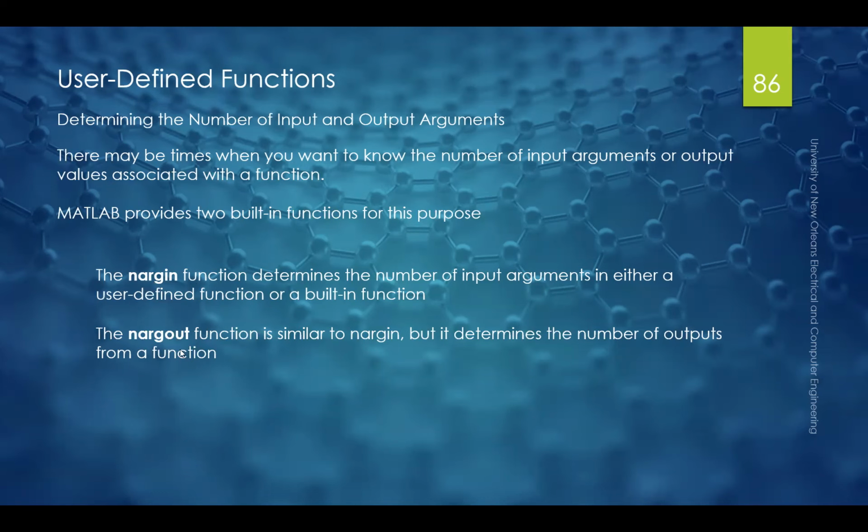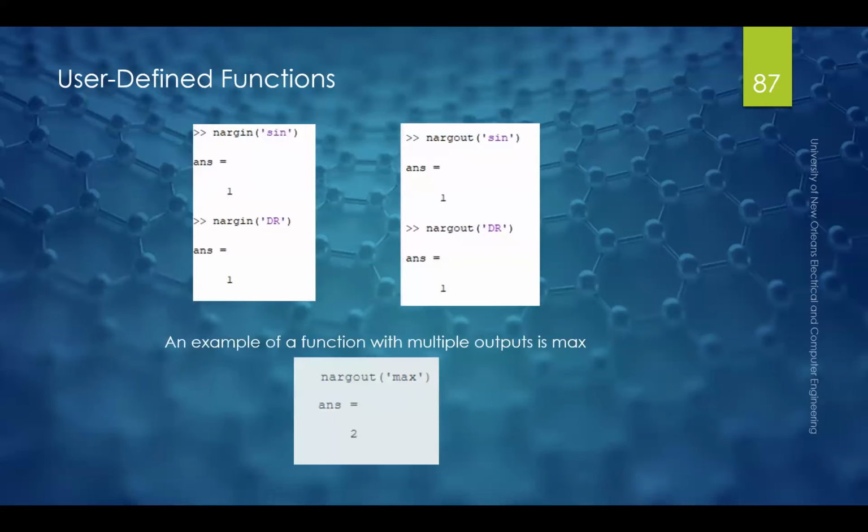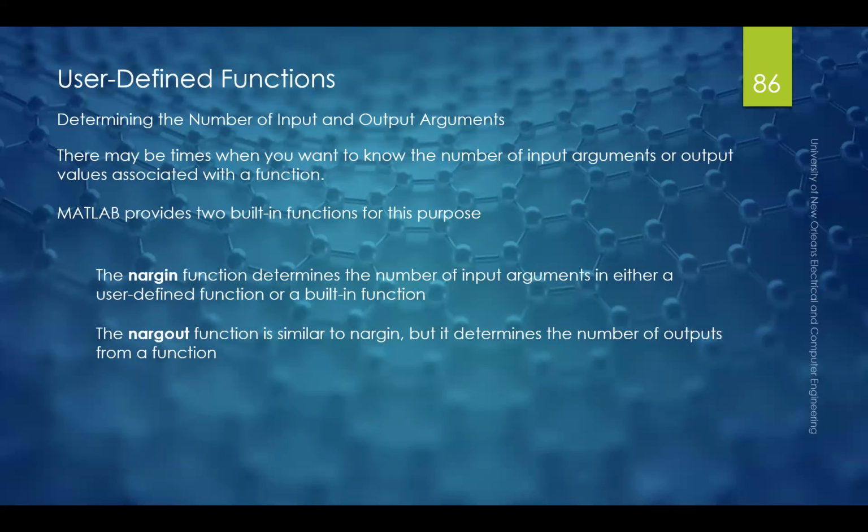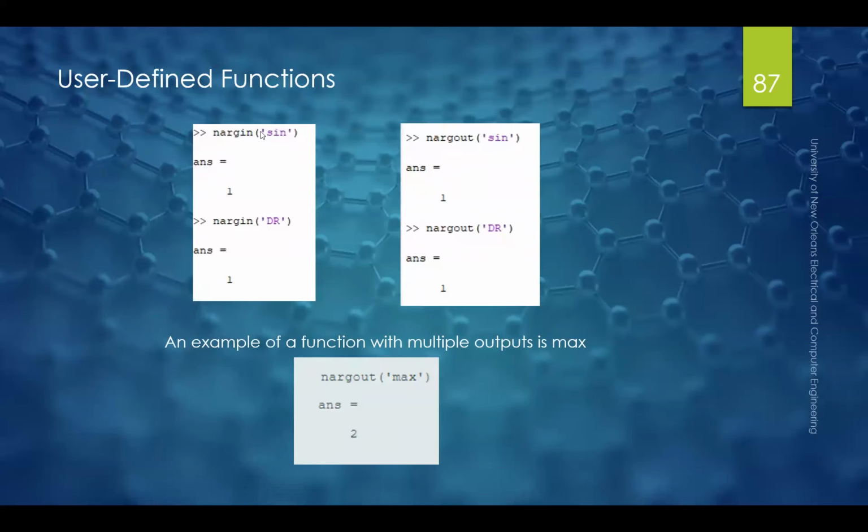And the other one is the nargout function. Again, very similar to the nargin function, but it gives you the number of outputs from the function. Sometimes that's useful to know, right? For example, to use nargin, you type in nargin, use parentheses, and in the parentheses you put the name of the function you're investigating in terms of how many arguments it's going to take.